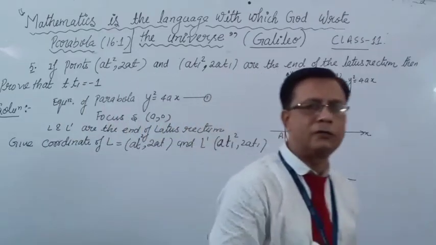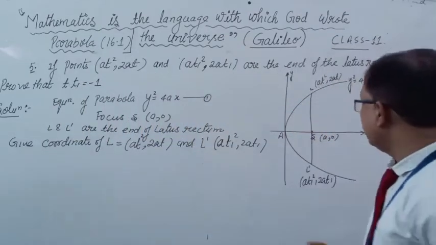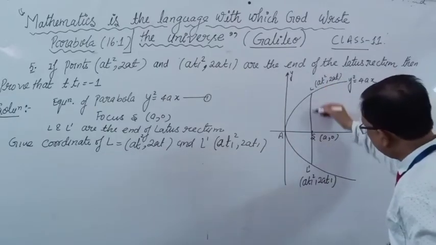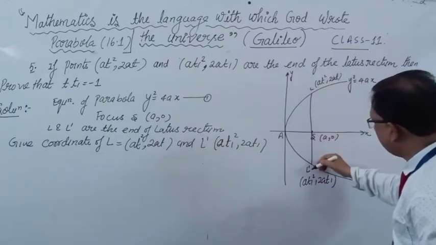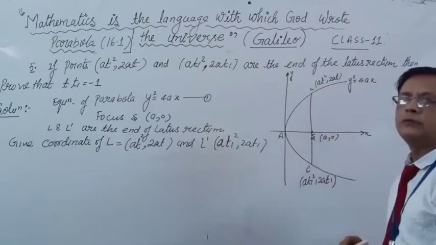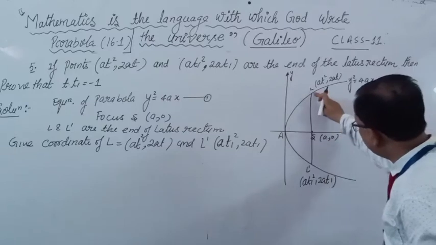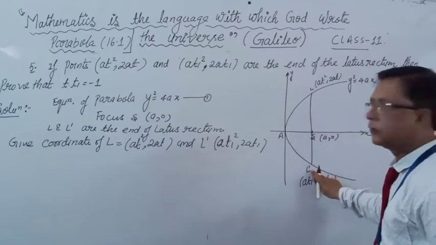These things are given to you. When we see the figure, we see that our latus rectum passes through the focus. So for proving this, we find the equation of L.